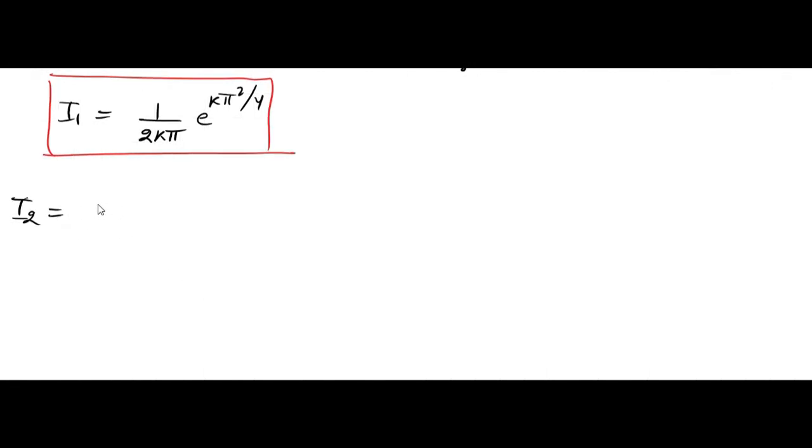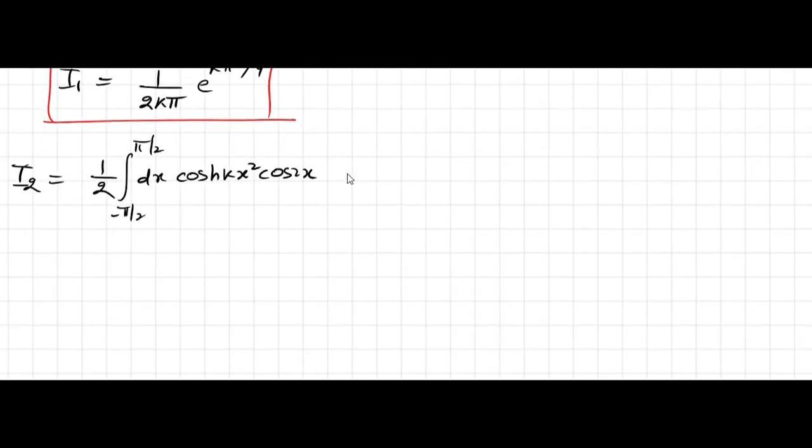So I2 will be equal to 1 over 2 integral from minus pi by 2 to pi by 2 dx cosh(k x square) and cos 2x, and let us do this integral by the product rule.